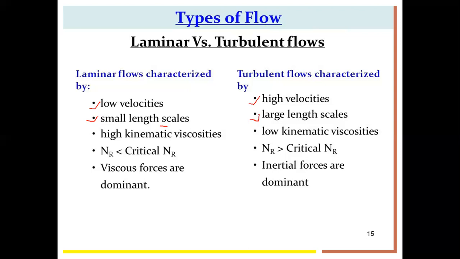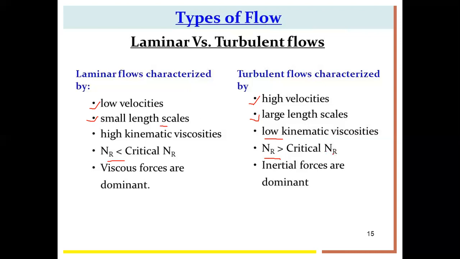Next, high kinematic viscosity. We get high kinematic viscosities in the case of laminar flow, whereas we get low kinematic viscosities of the fluid in turbulent flows. Next, Reynolds number is less than the critical Reynolds number. Here the Reynolds number is greater than the critical Reynolds number.